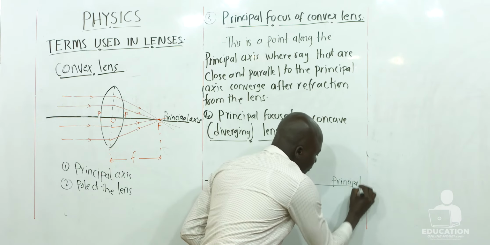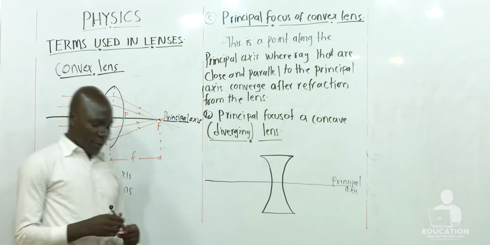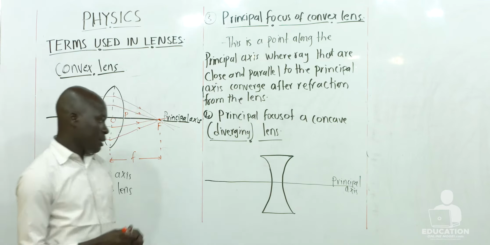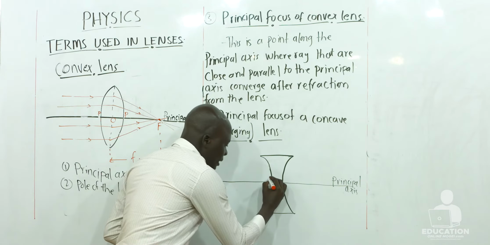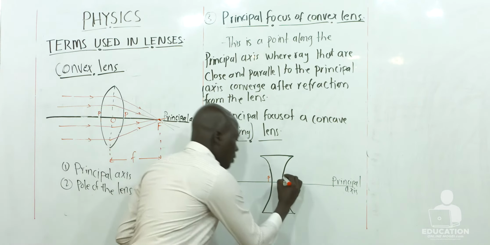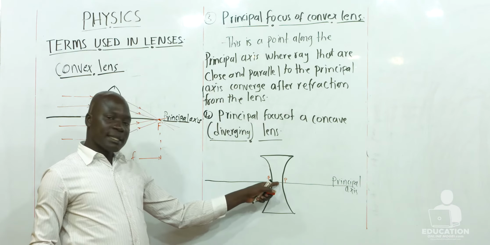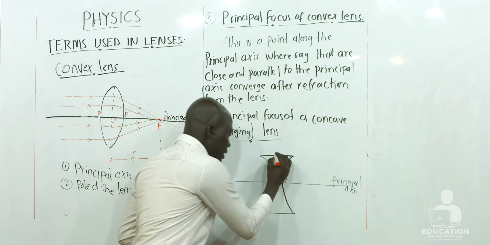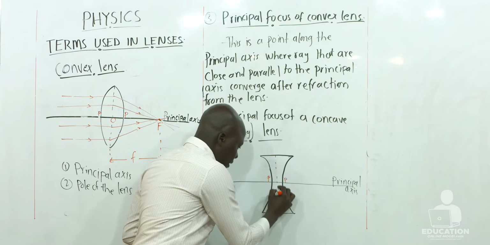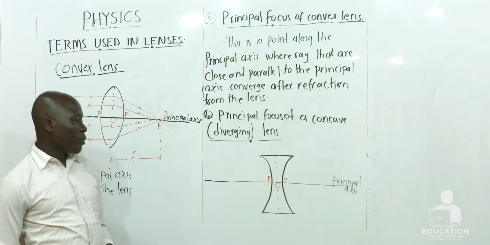At the center of the lens, we call it the pole P. Then a point which is at the center of the lens, we call the optical center. We denote it with the letter O.